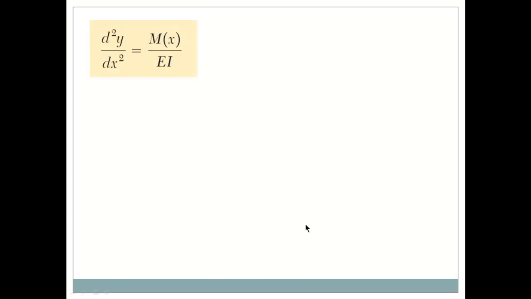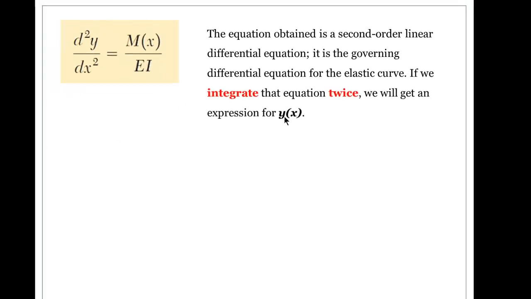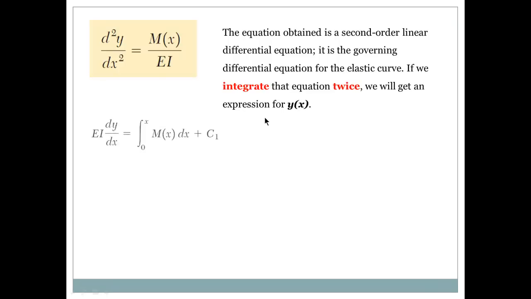Okay, that's the equation again. So this equation is a second order linear differential equation. In this case, if we integrate that equation twice, we will get an expression for y of x. It's as simple as this. Okay, let's see.